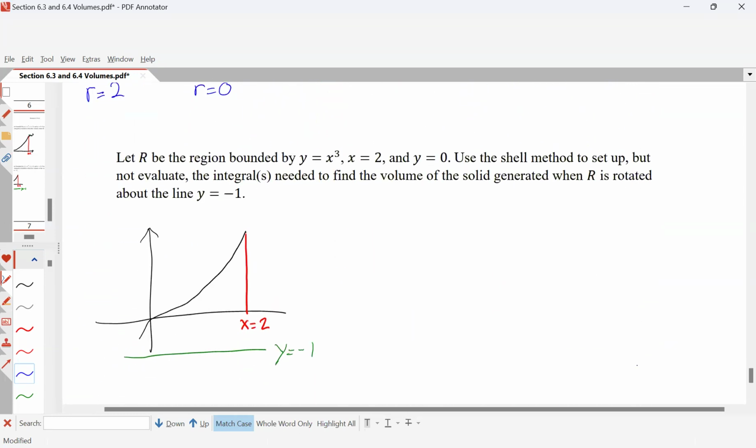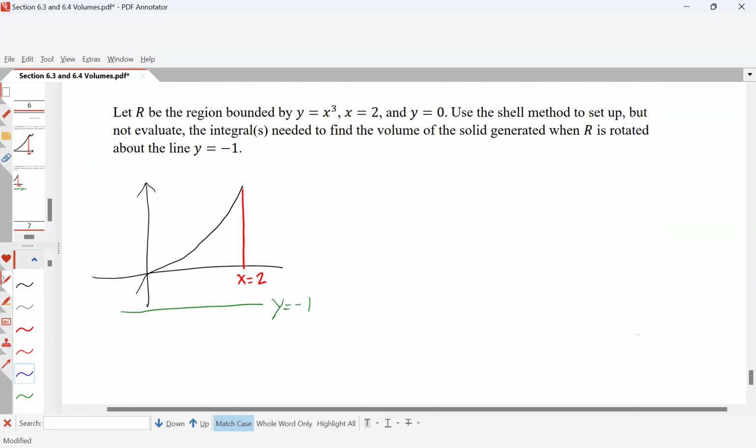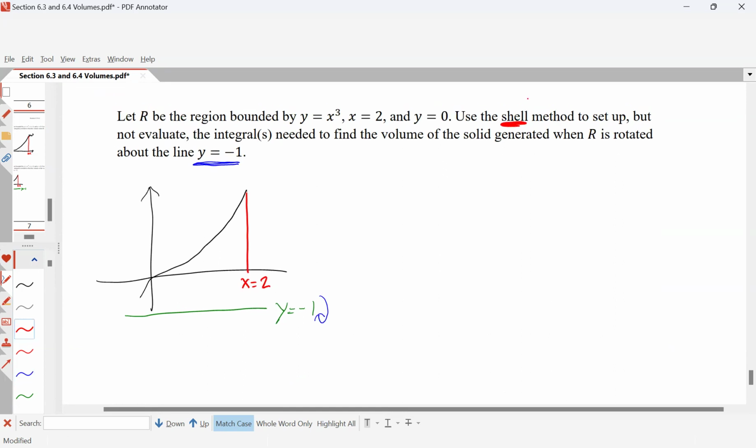Let's take a look at one more example. Let R be the region bounded by y equals x cubed, x equals 2, y equals 0, and rotating around the line y equals -1. So we're going around this horizontal line, and we're using the shell method, so we're slicing parallel to the axis.